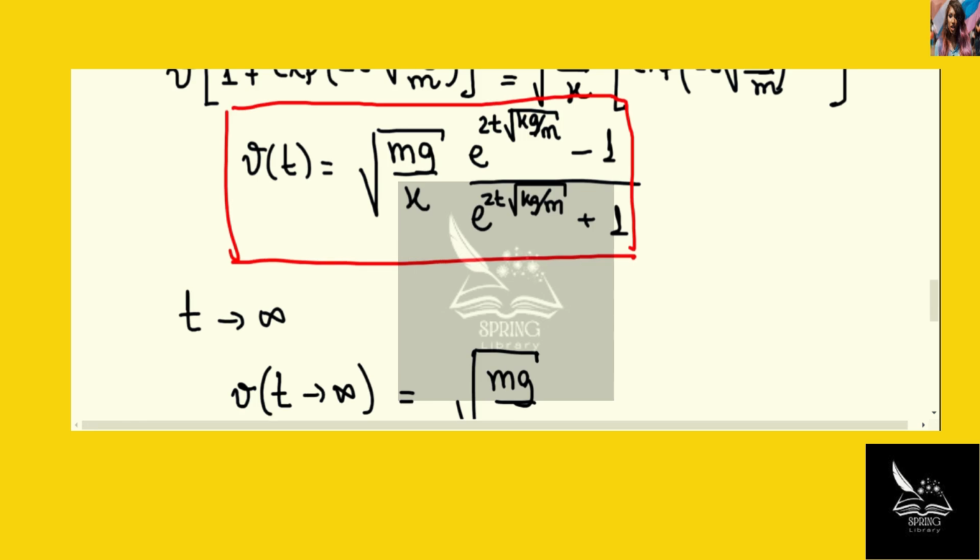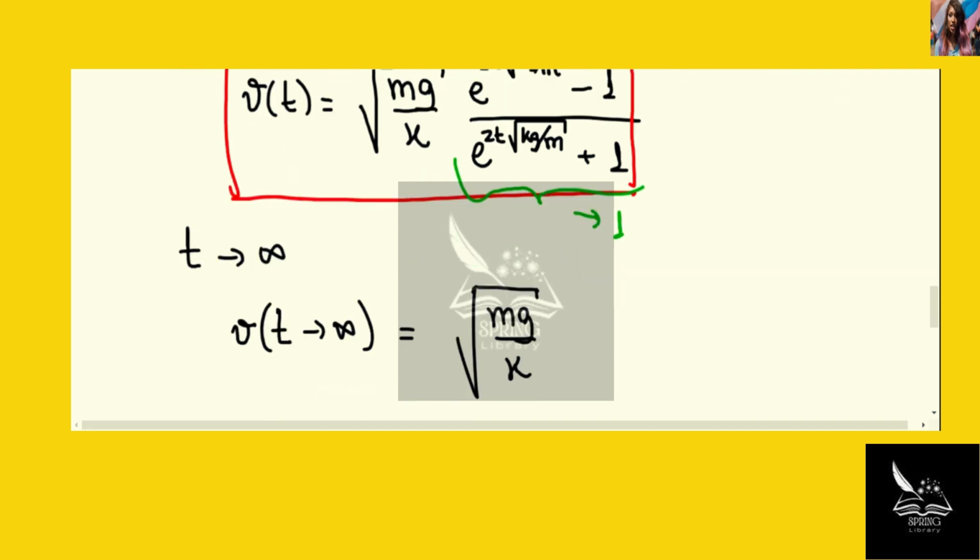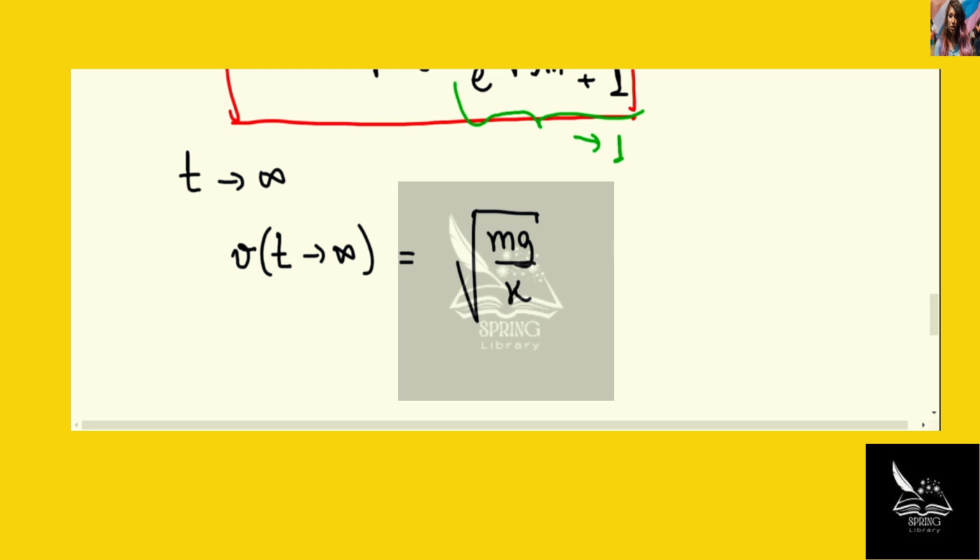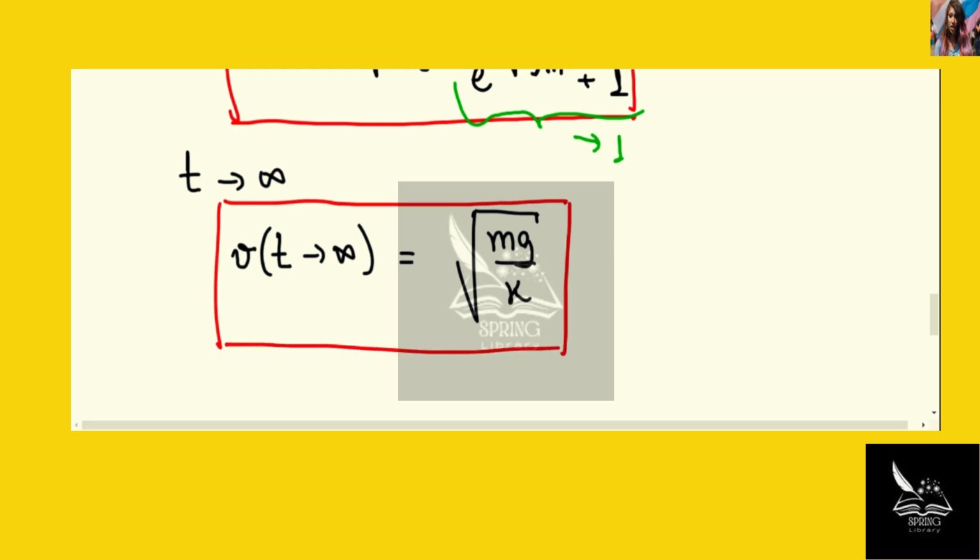And notice that this ratio here, as t tends to infinity, the minus 1 or plus 1 will not matter, so this will go to 1. So the limit is just the square root of mg divided by k, which concludes our exercise.